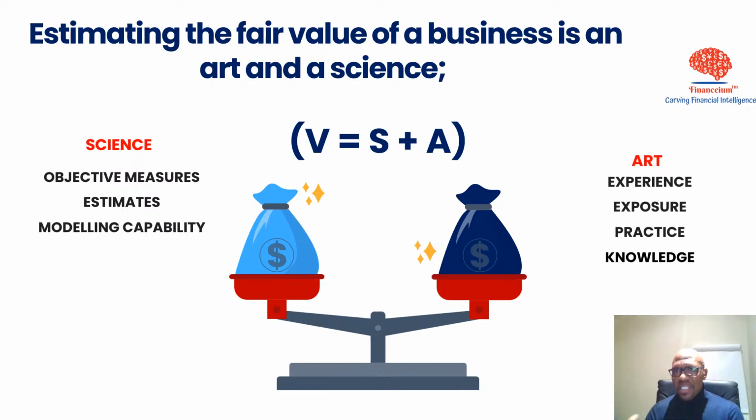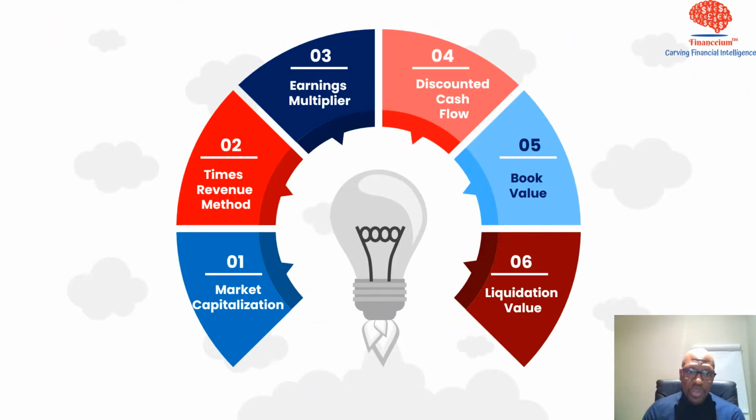And the art is looking at the experience, the exposure, the practice, and the knowledge. So far, we have dealt with the market cap valuation model and the times revenue method. So today we're sitting on the earnings multiplier model.